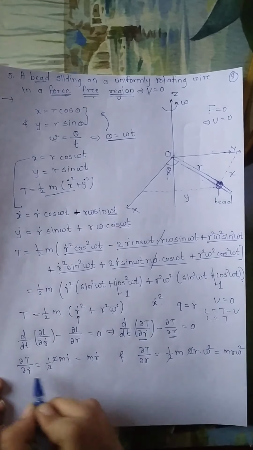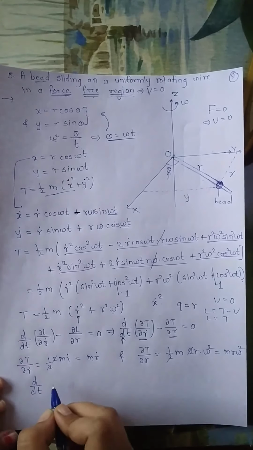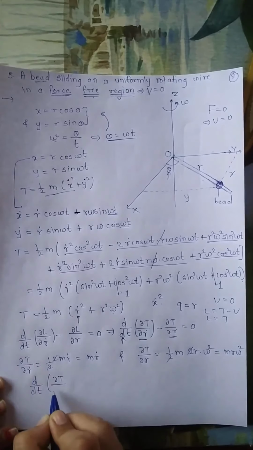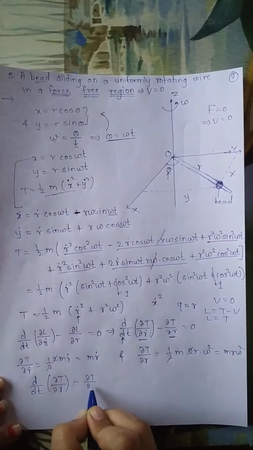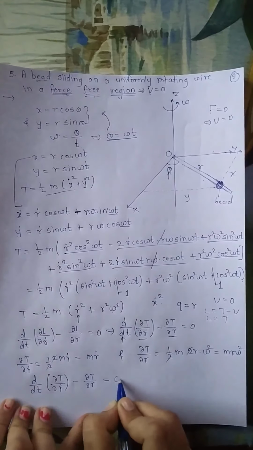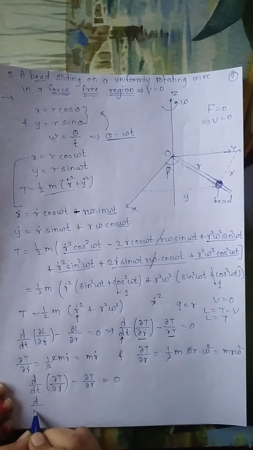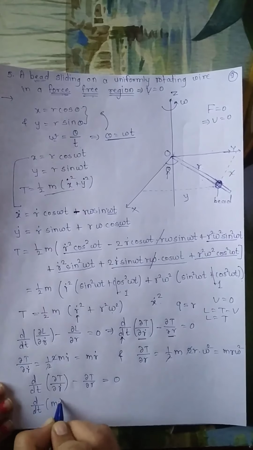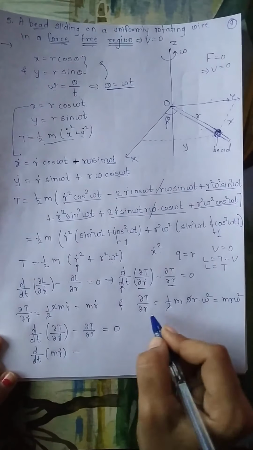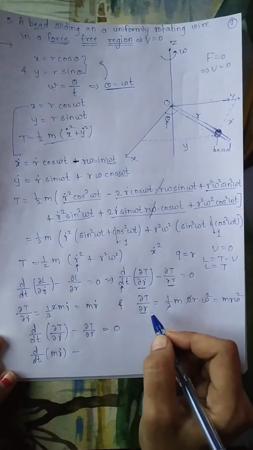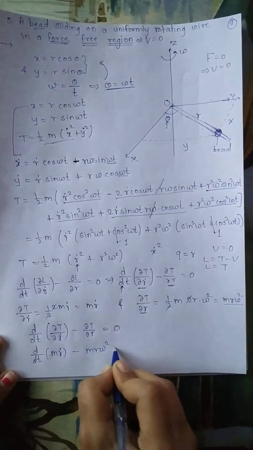Now if we substitute both values in Lagrange's equation of motion, we get d by dt of dou T upon dou r dot minus dou T upon dou r equal to 0. Substituting their values, we get d by dt of m r dot minus m r omega square equals 0.